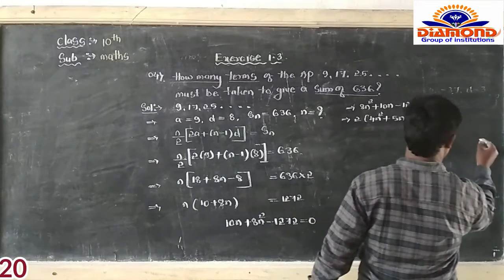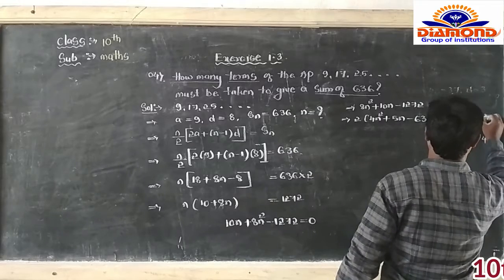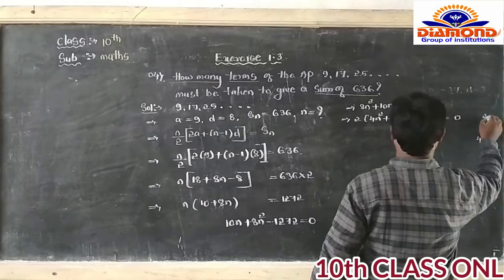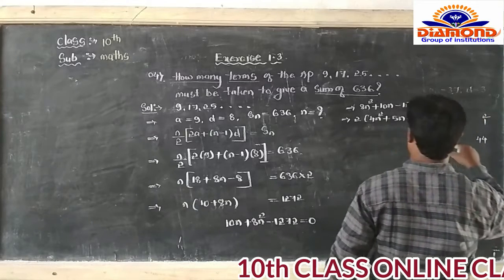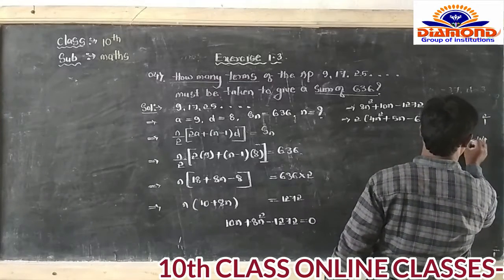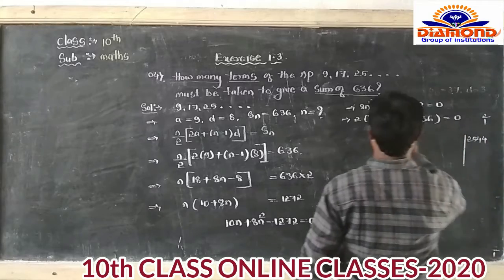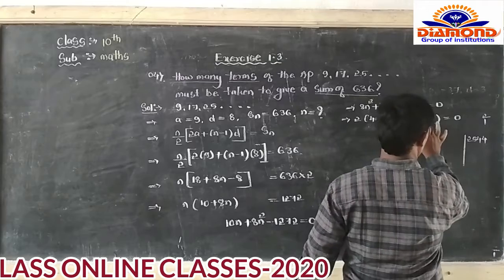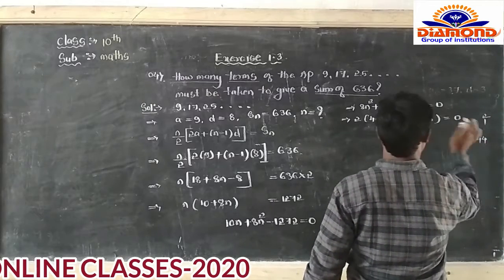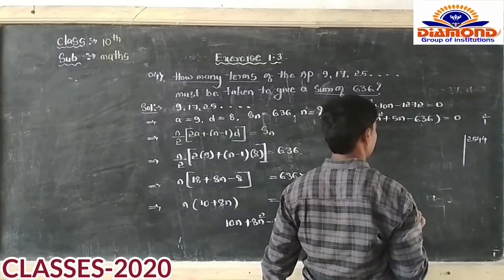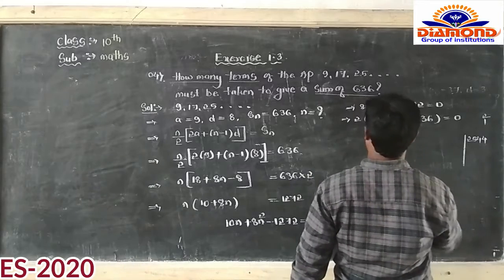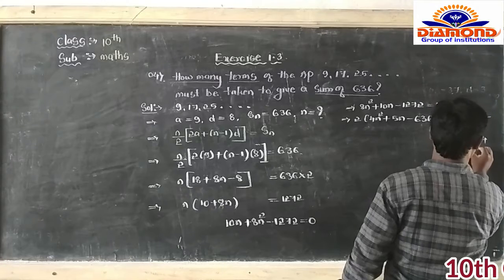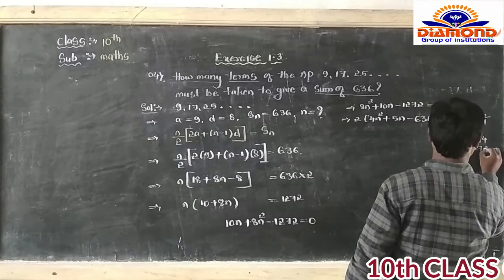So 4 6s are 24, carry 2, 4 3s are 12, 13, 14, carry 1, 4 6s are 24 plus 1 is 25. One more time: 4 6s are 24, carry 2, 4 3s are 12, 13, 14, carry 1, 4 6s are 24 plus 1 is 25. Here 2 1s are 2, 2 2s are 4, 2 7s are 14, 2 2s are 4.